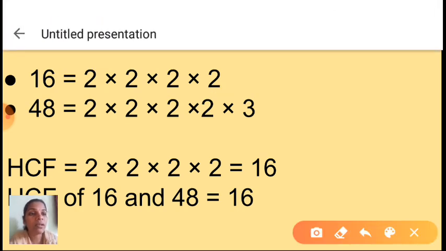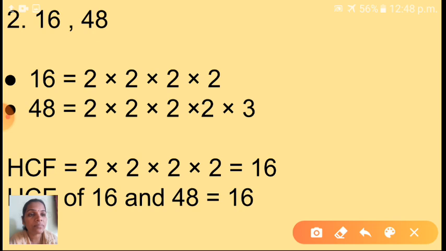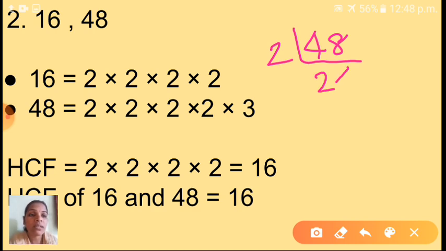48. Okay, 48 you have to write, and you have to check which prime number. Yes, which prime number divides this 48 completely? Yes, can you say here children? 2, because 48 is what? Very good, 48 is an even number. Okay, so here 4, how many 2s are there? 2 2s are 4, and 8, how many 2s are there? 4 2s are 8.